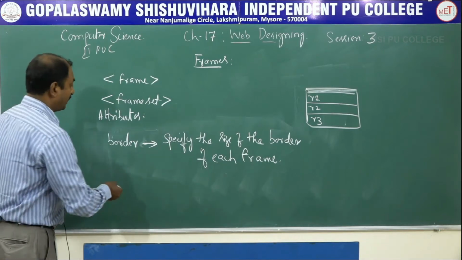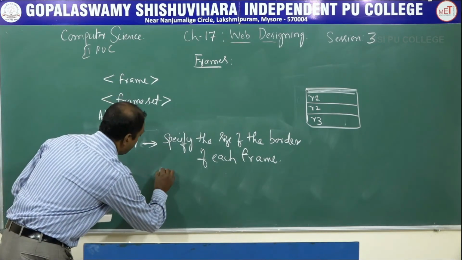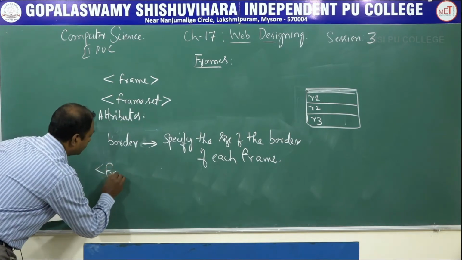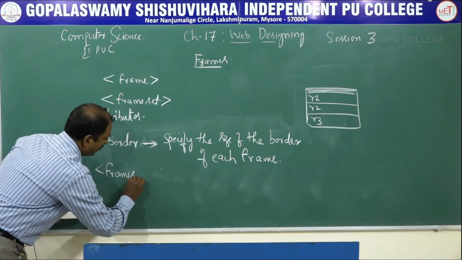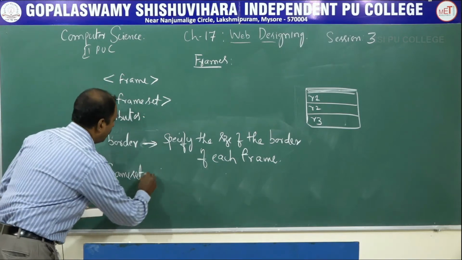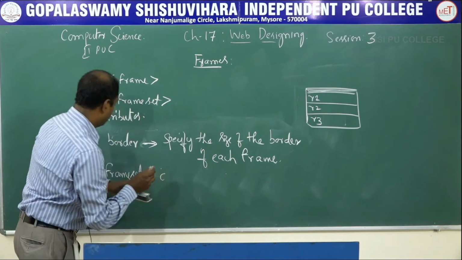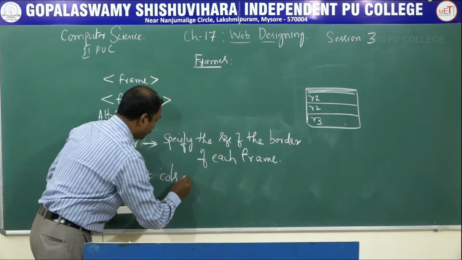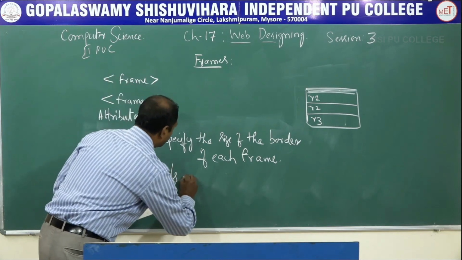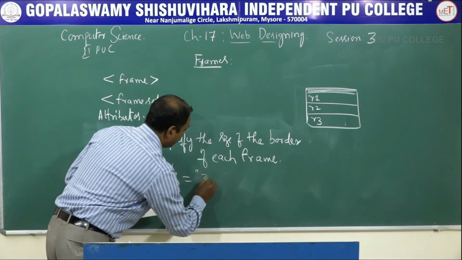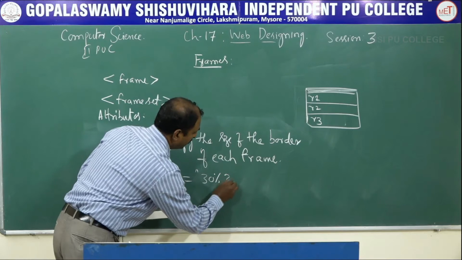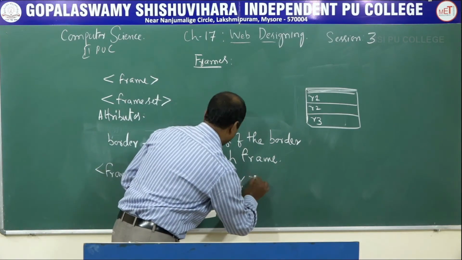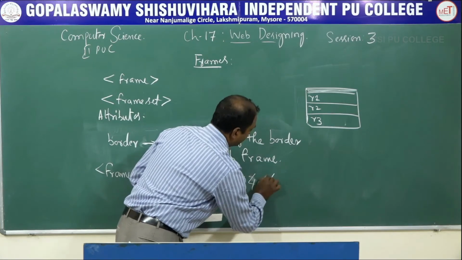So here, what is the syntax? Normally the syntax will be, we are using it along with the frameset. So the frameset, columns equals 30% and 40%.